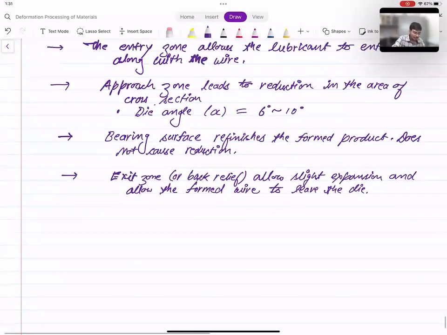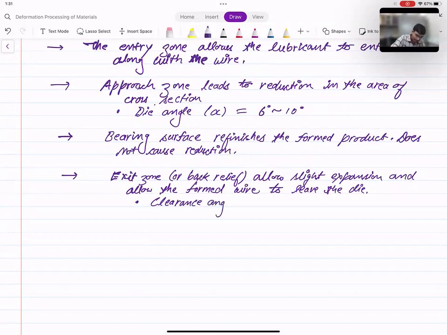Also here, we have mentioned the clearance angle. So the clearance angle beta lies in the range of around 25 degrees to 30 degrees.